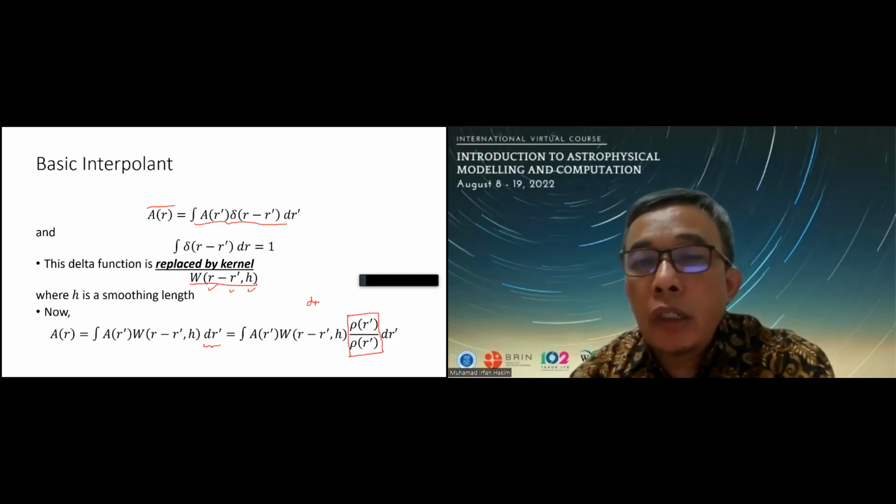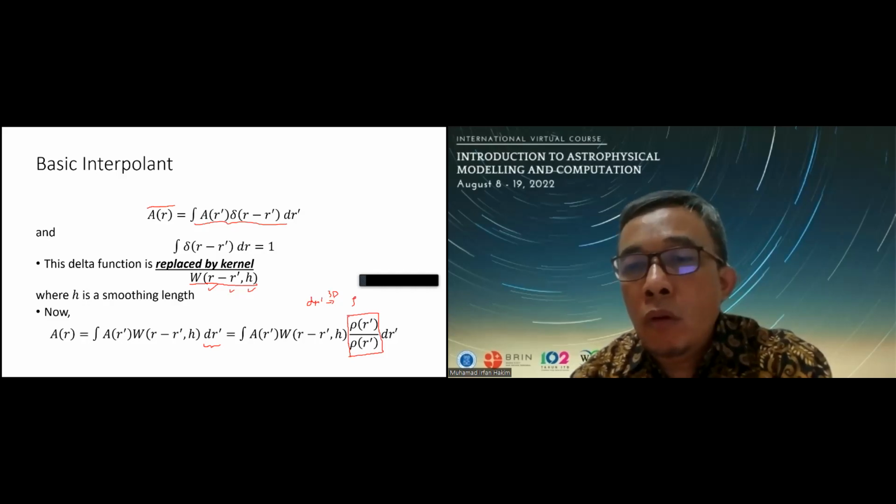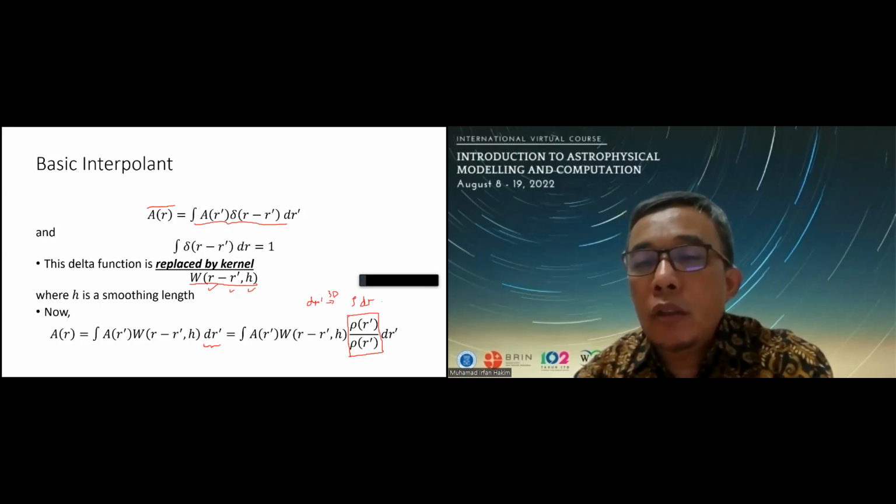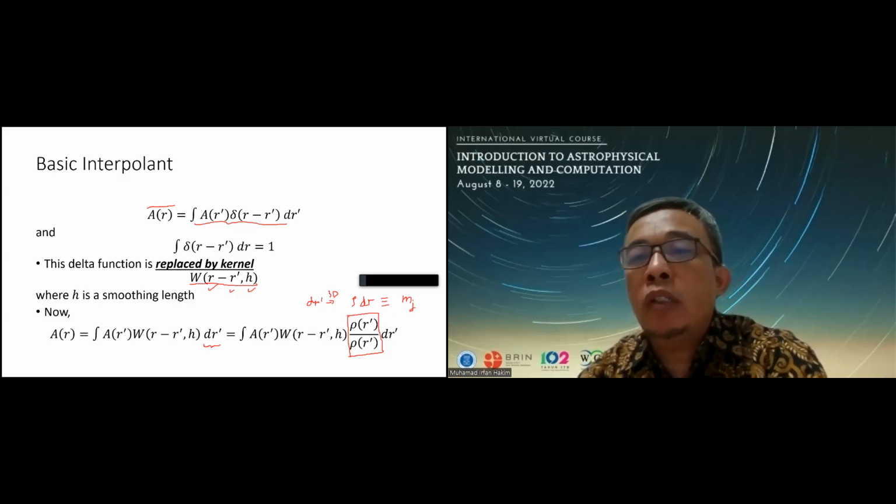But we can interpret this in a 3-dimensional interpretation. So rho times dr here is equivalent to mass, for example, the mass of particle j, the contributing particle.